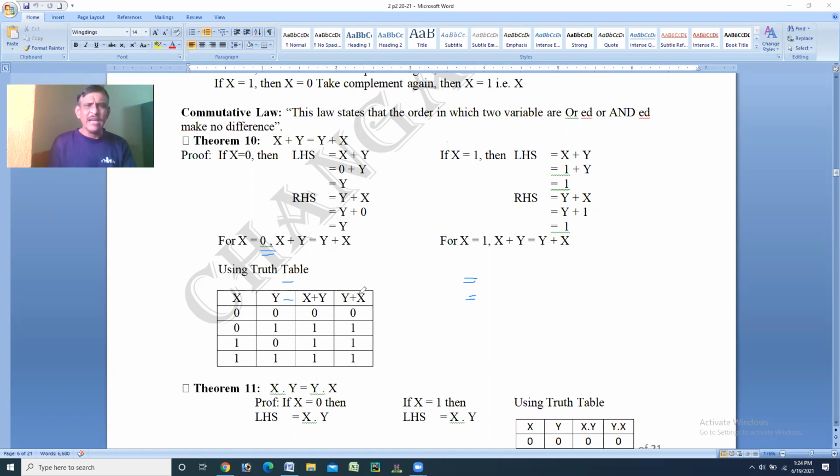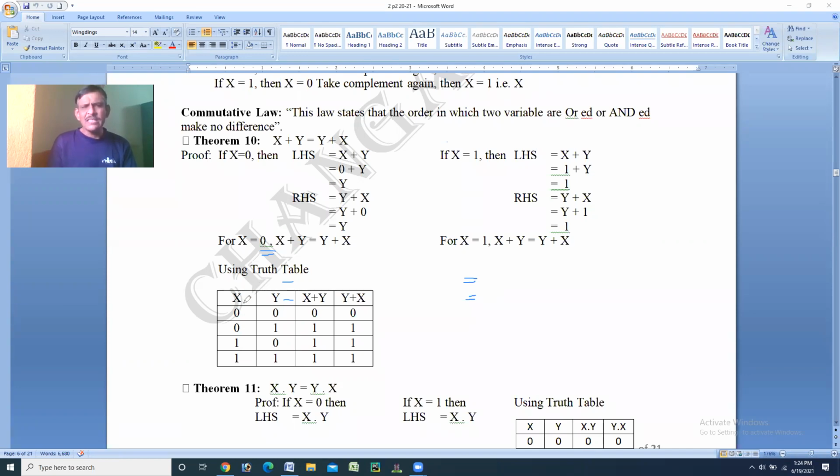Once columns are ready, now you can write the different combinations of values for the variables x and y. There are 2 variables. We need 4 rows. It means 4 different combinations of values. First case, x equal to 0 and y equal to 0. Second case, x equal to 0 and y equal to 1.